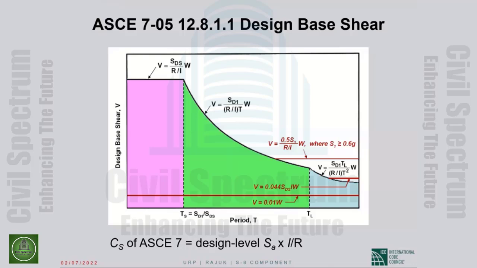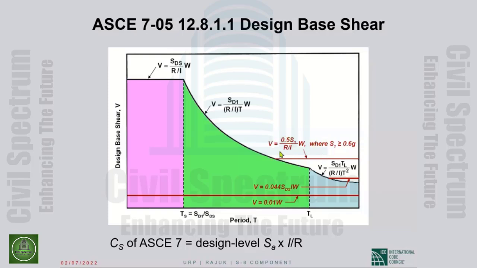Okay. The other minimum is where our site is located in a relatively high seismic area, where the mapped long period quantity S sub 1 is larger than or equal to 0.6 g. This is the rough equivalent of old UBC zone 4.